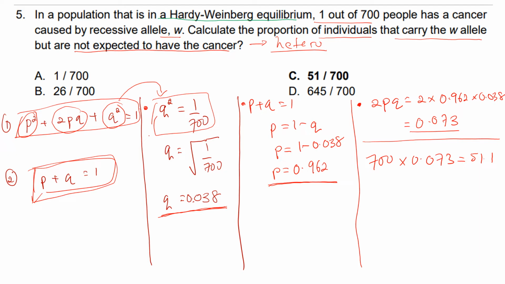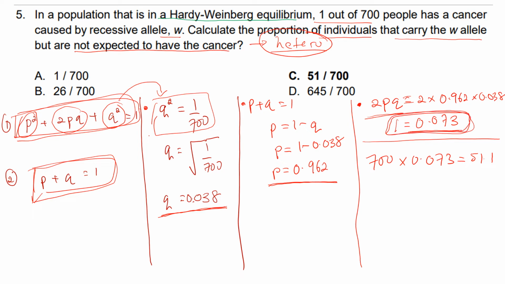Then the question wants you to determine how many individuals are heterozygous. From the first formula, you use 2pq. Inserting all the values, you will get 0.073, which is the frequency of the heterozygous.